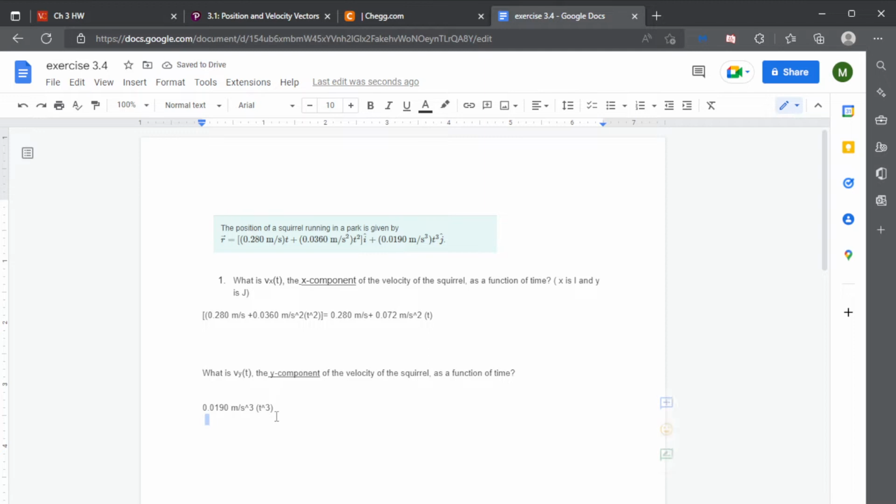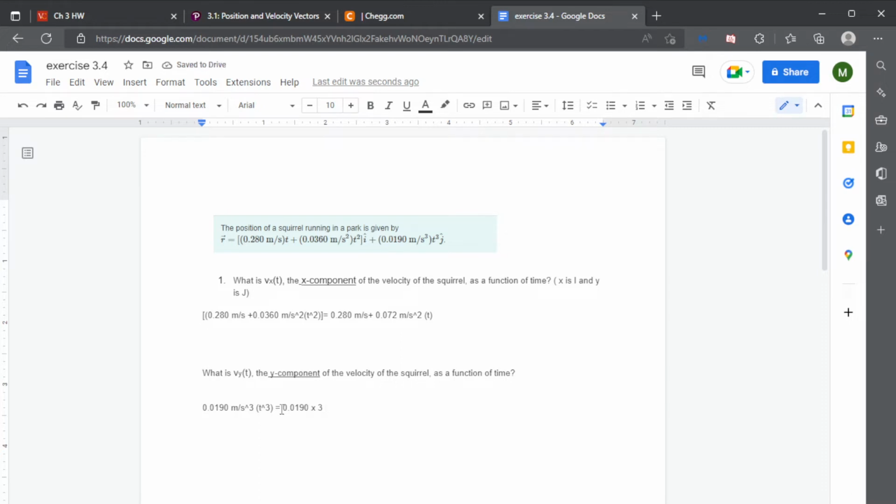Same goes for this one. It's asking for the y component, so you focus on the y. The y is the j. So let's see here, 0.190 meter over second cube, and obviously t is cubed. What you need to do is 0.0190 times 3, because you need to times by 3.